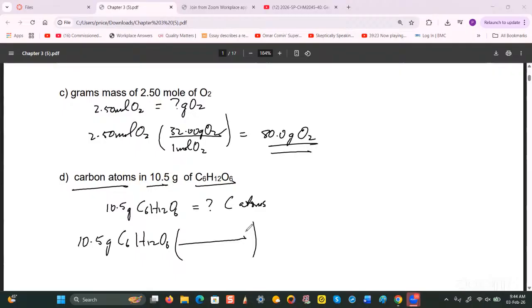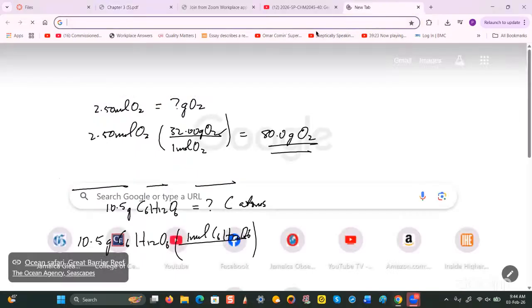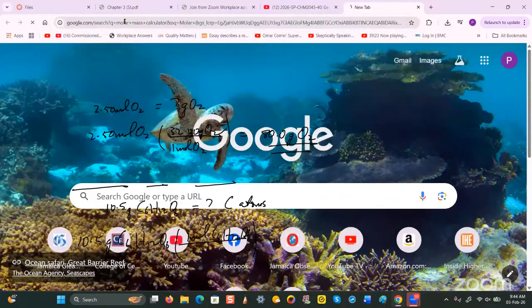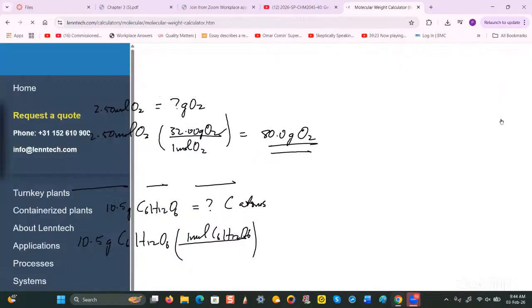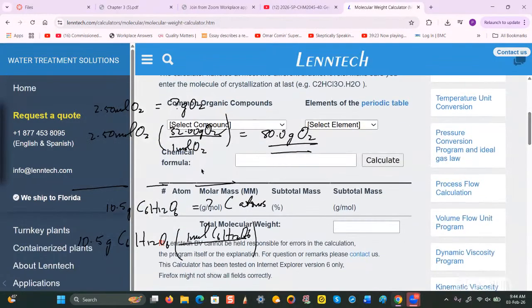So would you convert it to moles? Exactly. So up here, you're going to have 1 mole of C6H12O6, and down here, the molar mass. So, me being the lazy person I am, I'm going to go to my trusty molar mass calculator.